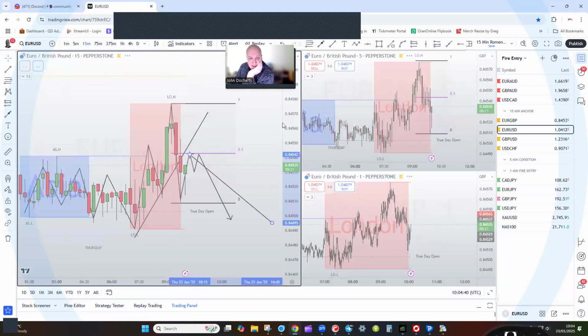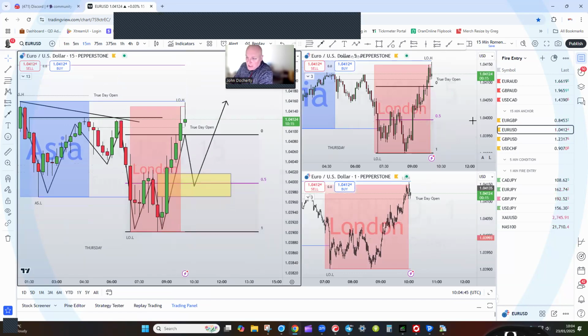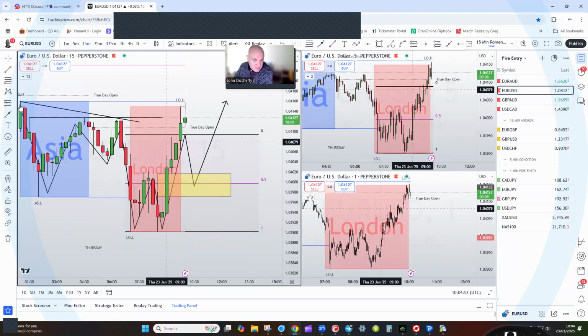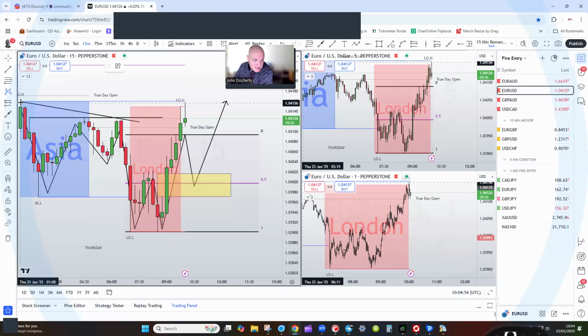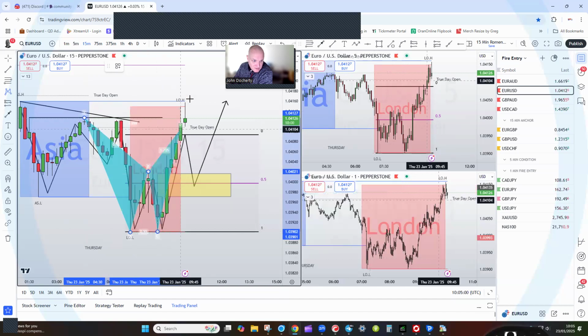Euro USD, we'll see what's happening with that. We just have not had a pullback, so I'm going to put that back into the red. That'll go back up here. We can see we've swept. Again, remember when I said a harmonic? This, down to this, down to this, down to this.